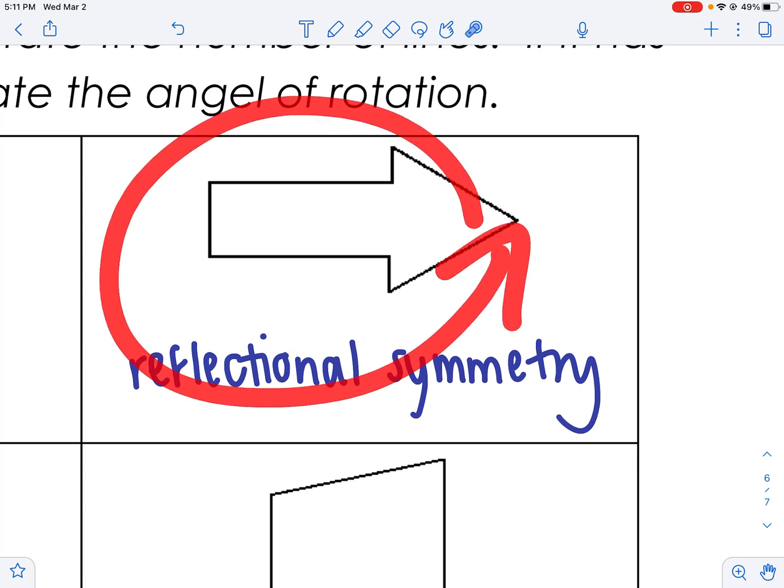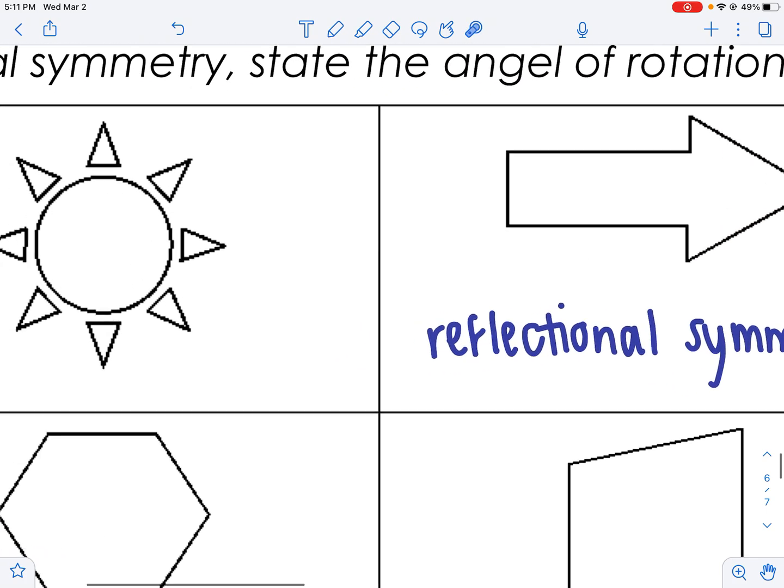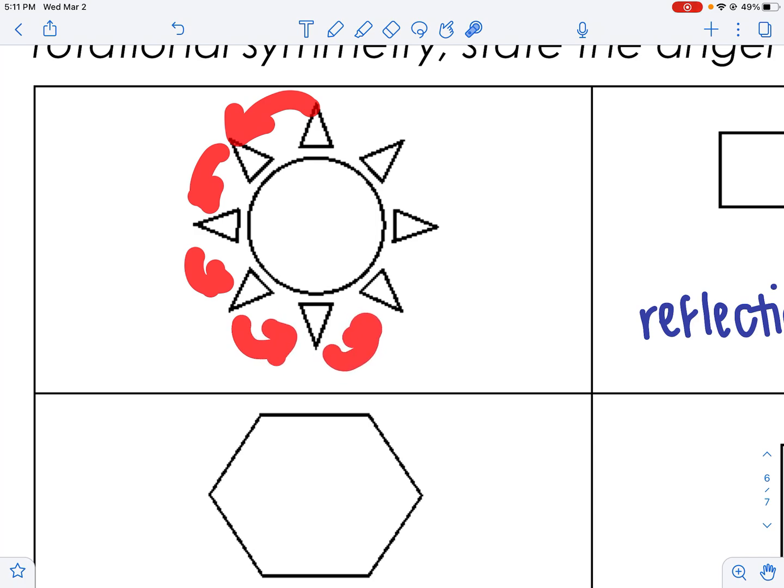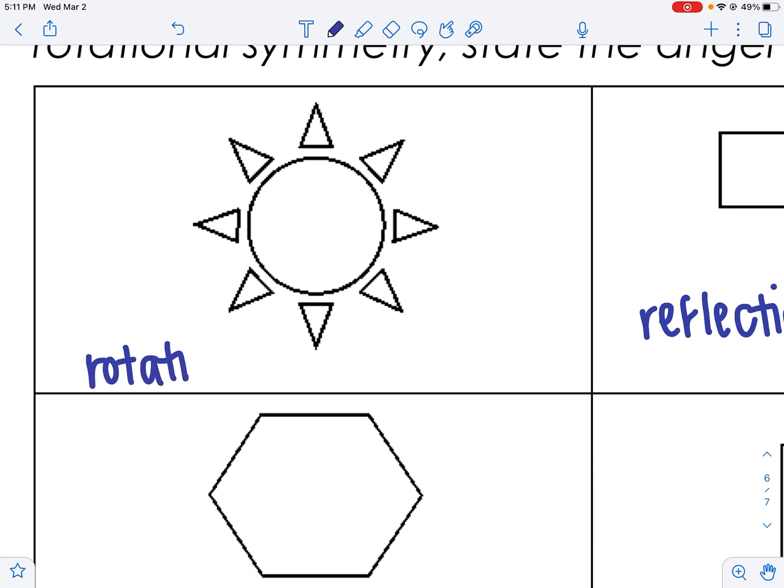I would have to turn this all the way around to end up with the same thing. But if I take a look at this sun, well, every time I turn the sun, I would still end up with the same exact looking sun. So this would be an example of a shape that has rotational symmetry and reflectional symmetry.